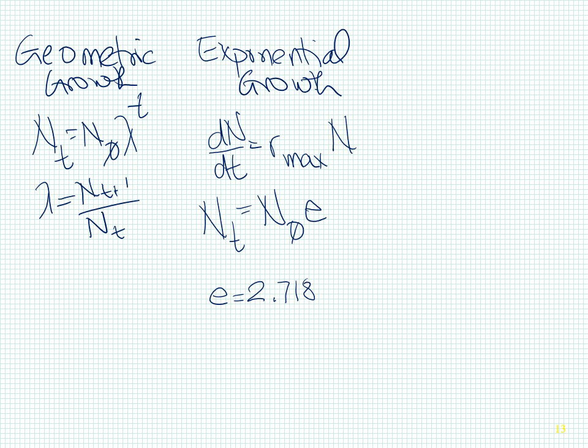So you're multiplying the population size times almost 3. And then you're raising that to the power of your growth rate times time steps. So these are multiplying together. So it's times R max times t. Should have put that down there. There we go. That's clear.